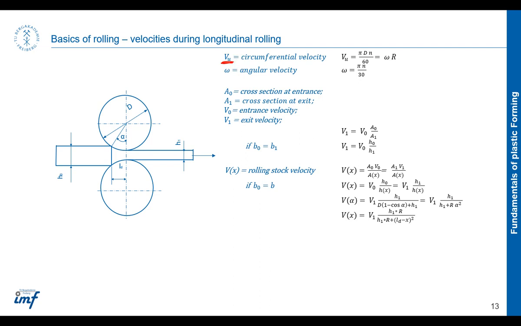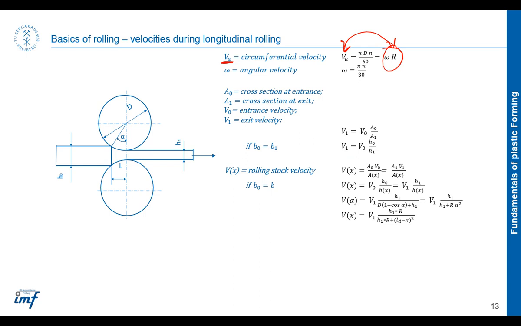And then we have this circumferential velocity, which is the velocity of the roller, which we already discussed, which is omega r. And from here we can also correlate the linear velocity of the rollers and the angular velocity of the rollers. Please note that this is in radians and not in degrees. These are the calculations which we have already performed.